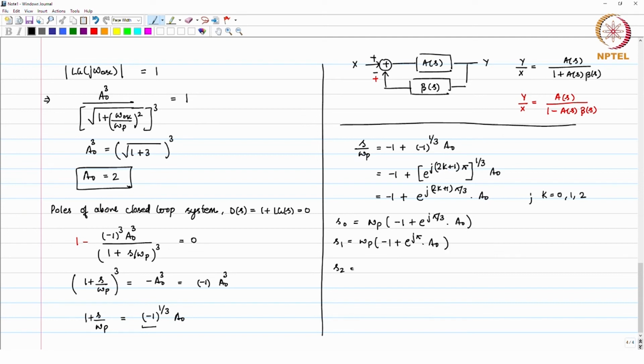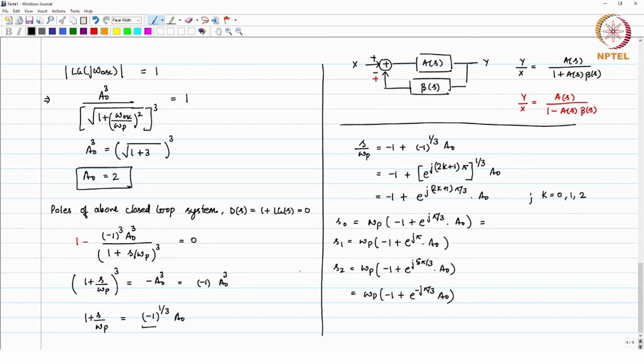And S2, the third pole, is minus 1 plus e^(j·(4+1)π/3), substituting k equal to 2, which is 5π/3 times A0. Okay. And this value is nothing but minus 1. You can say 5π/3 is like 6π minus π/3. So, this is e^(-jπ/3) A0.